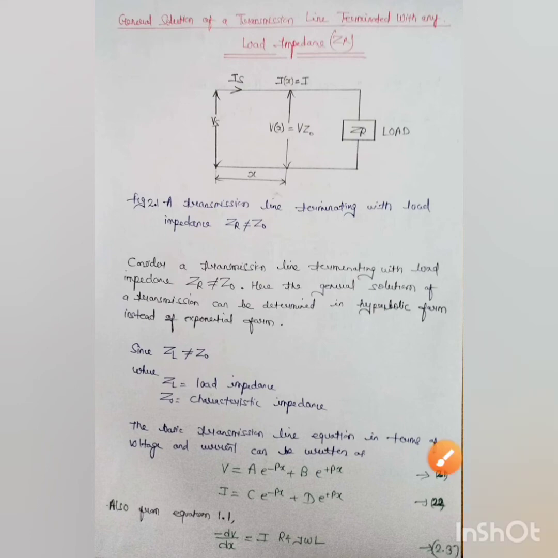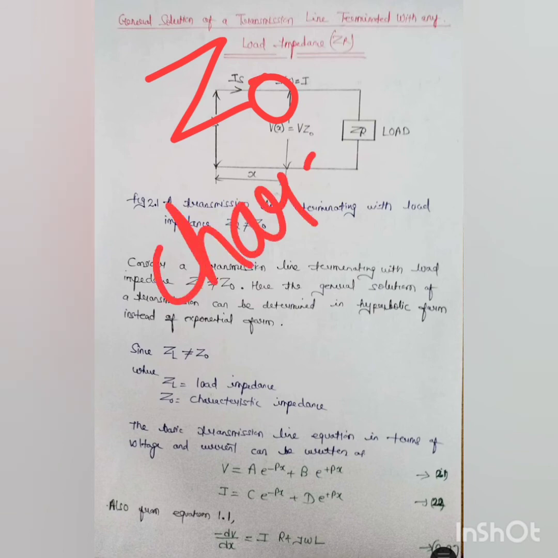So here, at any point x from the sending end, if we take current as I of x and voltage as V of x, then we consider that Z0 is an impedance which is known as characteristic impedance.